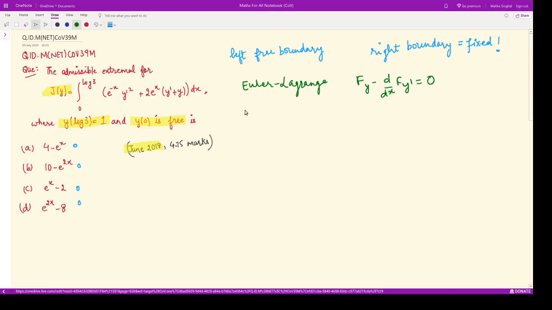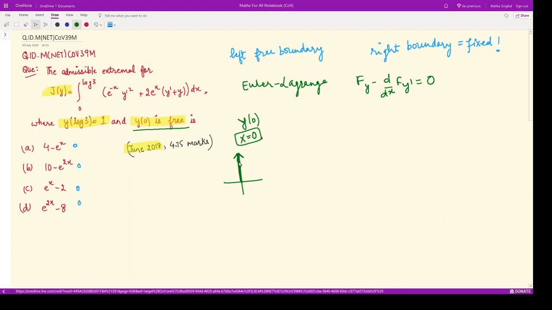Moreover, if our end point is free, here you can see that y at the point 0 is free. That means they have specified x is equal to 0 is fixed and y can have any value along the y axis.